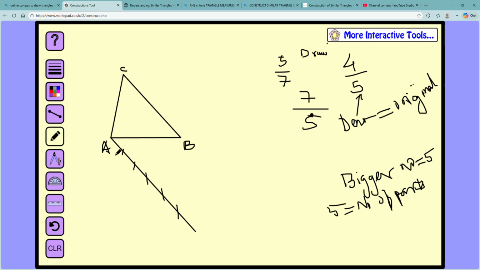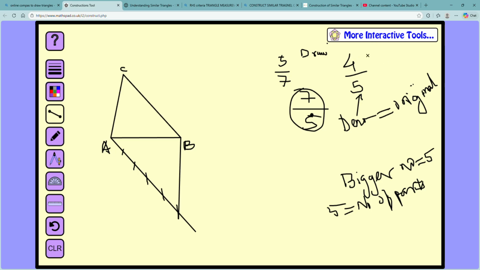We have to have 7 gaps here, but we connect the fifth part with the triangle base. We will see this as well in a moment. So first we connect the denominator with the original triangle. I have connected it with the original triangle.